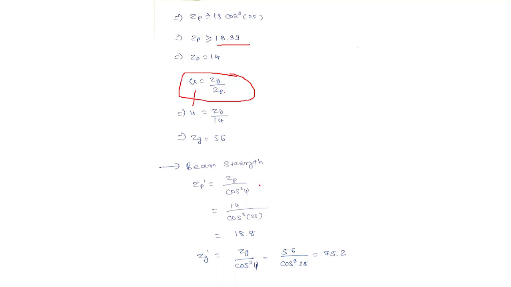Now for the beam strength we have to find Lewis form factor, and for that we have to find the virtual number of teeth. The equation is Zp dash is equal to Zp upon cos cube psi. So putting the values, we get Zp dash is equal to 18.8, and the same way we get Zg dash is equal to 75.2.